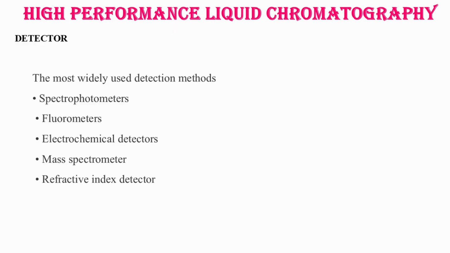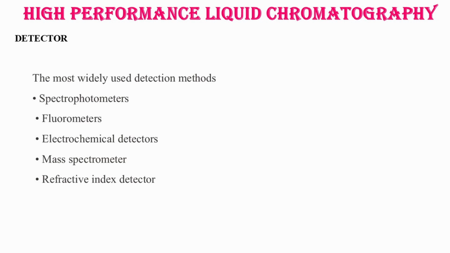The next part is the detector. A detector allows monitoring the chromatographic run in real time. It is imperative that the sensitivity of the detector is sufficiently high and stable. UV visible photometers can be used for HPLC.